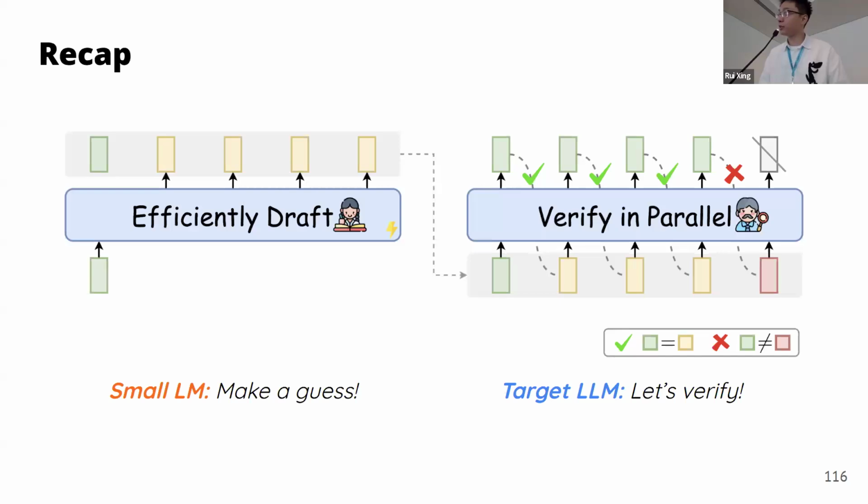During each decoding step, we first obtain a few draft tokens through the efficient, smaller draft model, and then we use the target large language model to verify all the draft tokens in parallel. And once we find a draft token that fails the verification, we discard all subsequent tokens. In this way, we can ensure that the tokens that pass the verification are exactly the same as the original output of the target large language model.